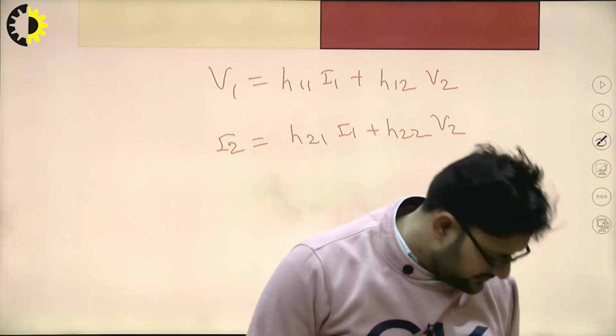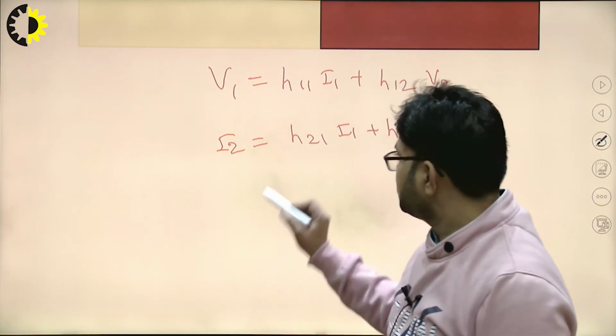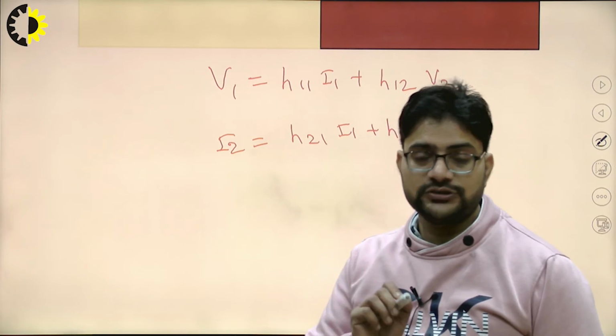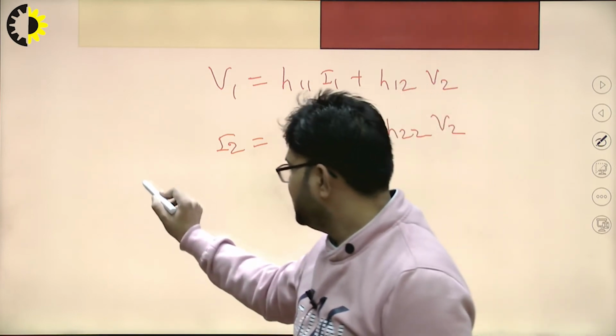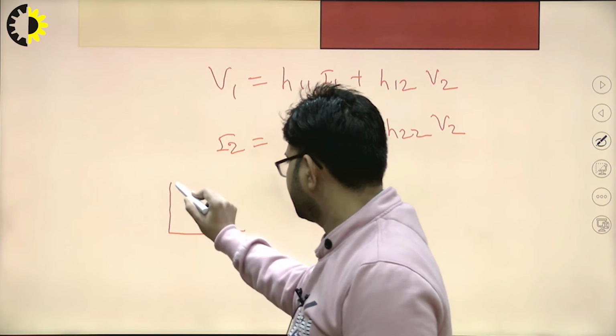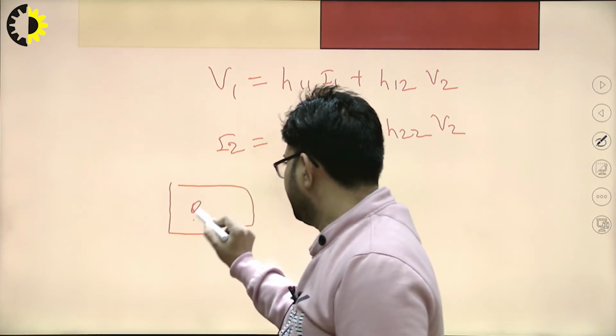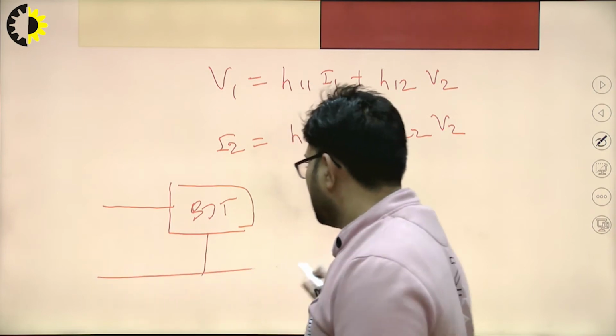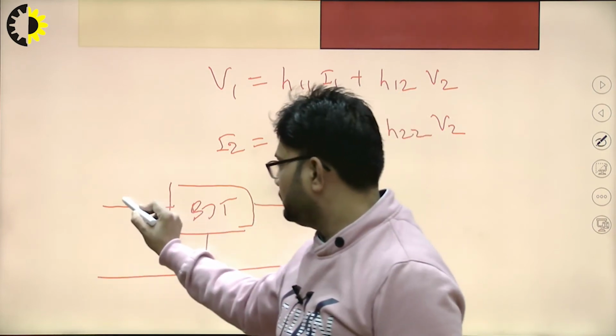Now if you see carefully, input characteristics for the device. So this is your BJT, and it's your input port. It consists of two ports, input port as well as output port.